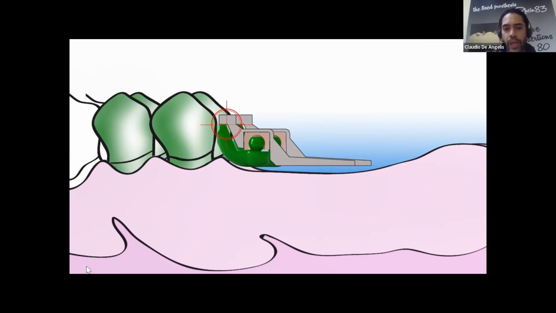The fulcrum will move around the sphere. You have always in the distal area the chewing force. The fulcrum will move around the sphere in this area. The fulcrum will be here, okay, and the resistance will be my teeth.